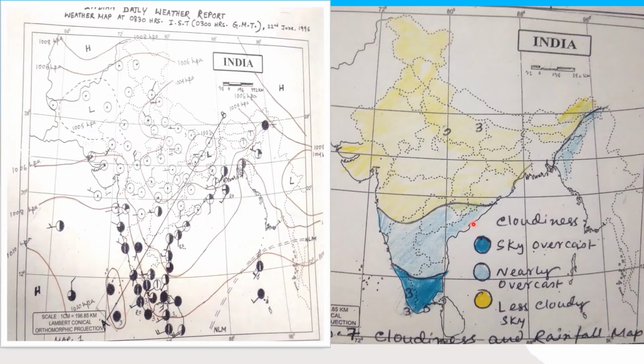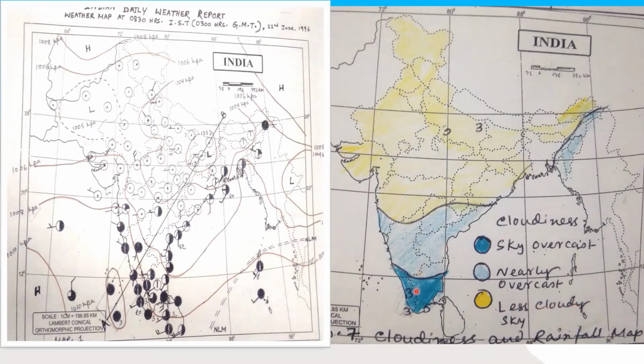On the basis of the above table, India is divided into the following categories. Number 1, sky overcast, where 7/8 to 8/8, that means completely overcast areas, are included in this category. Second one is nearly overcast, where cloud coverage varies from a half to 5/8. Third, less cloudy sky, that means the area where cloud coverage is 1/8 to 3/8 portion.